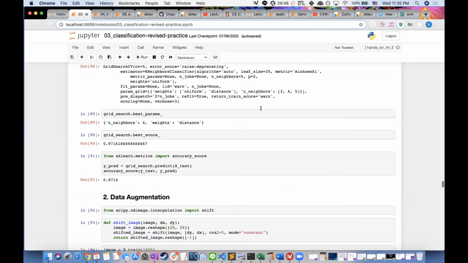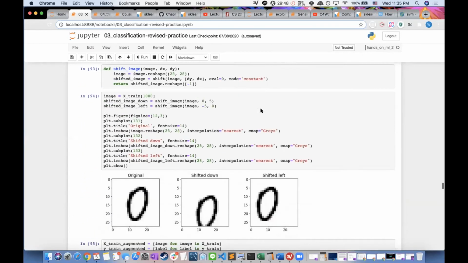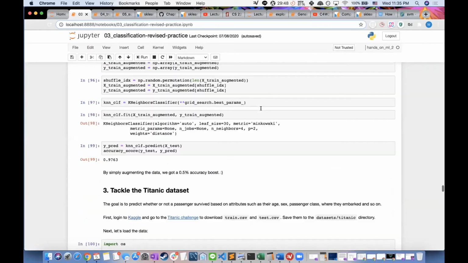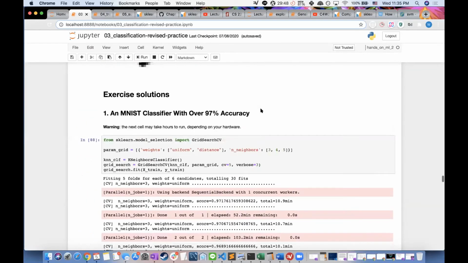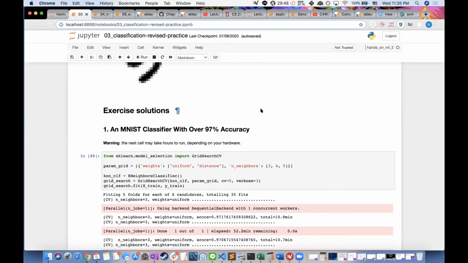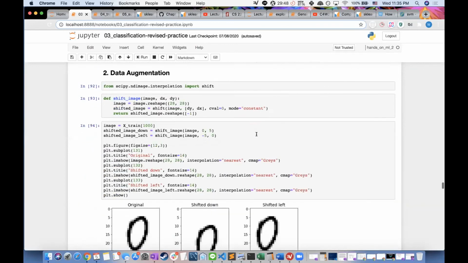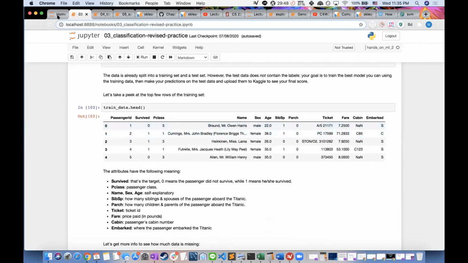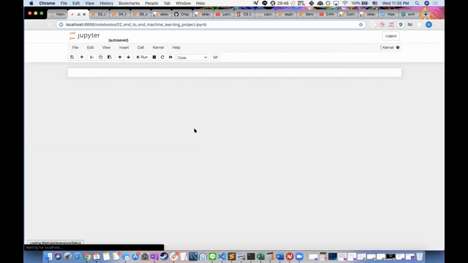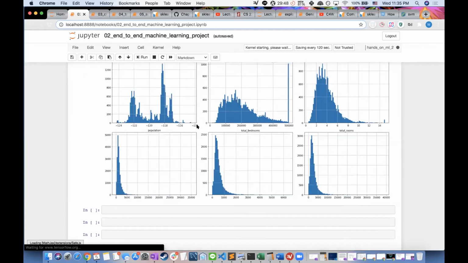No. I think here only. Yeah, this is k-nearest neighbors. Oh, it might be chapter 2. One second. It's probably chapter 2. Memory got crossed. Okay.